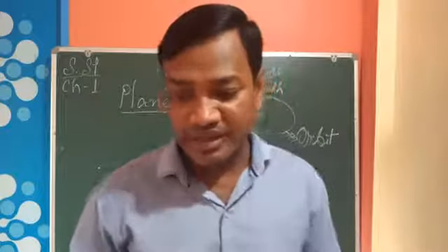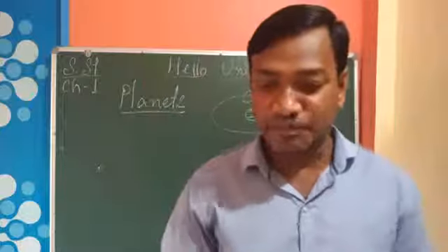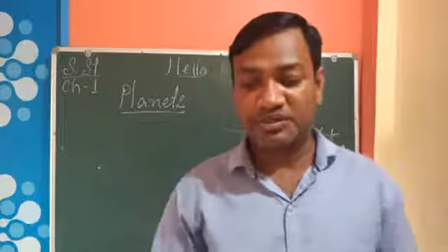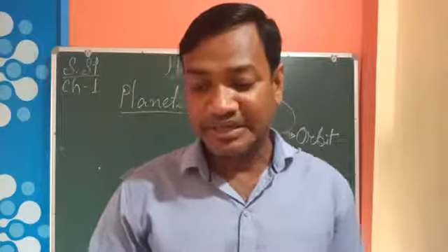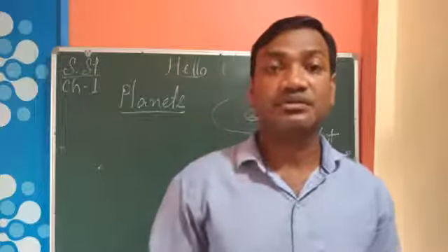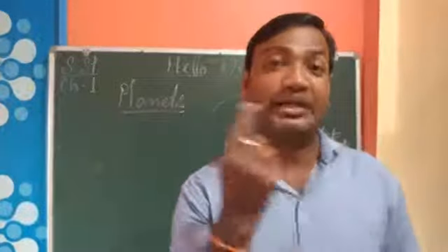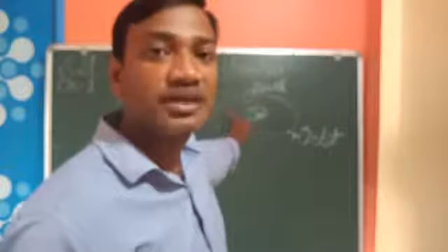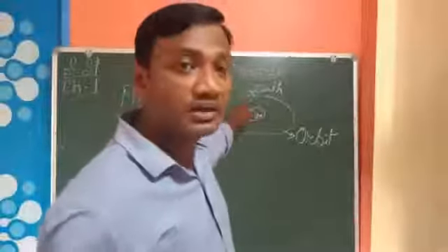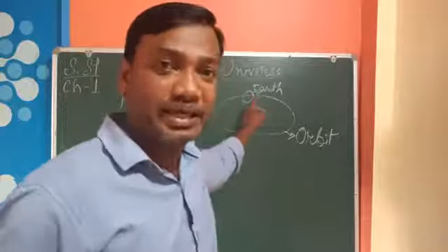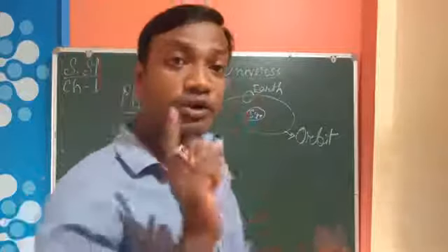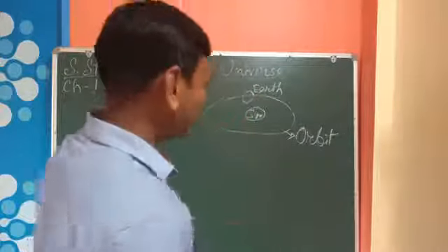The planets and their moons also spin around an imaginary line called axis. So they not only move around the sun, but Earth and the other planets also move on their axis.